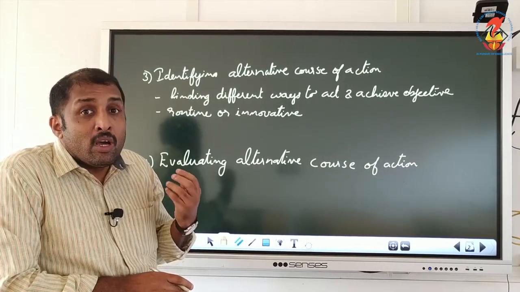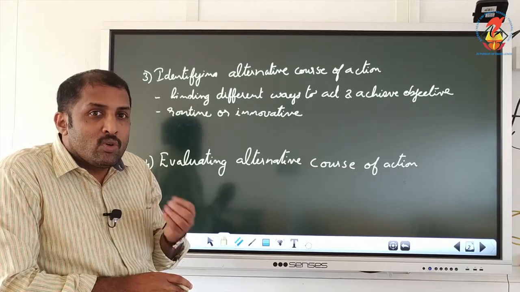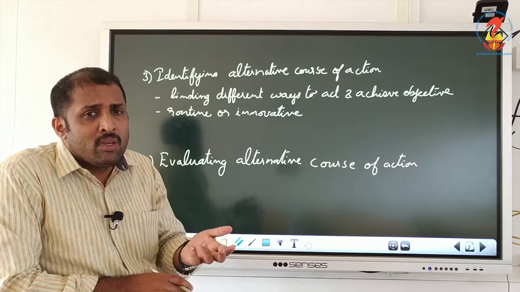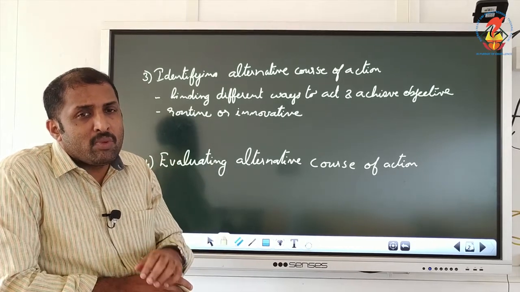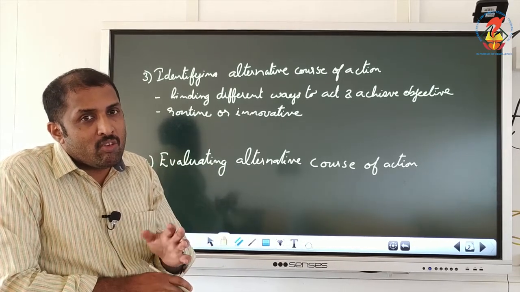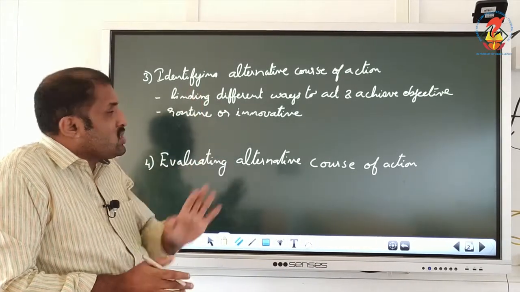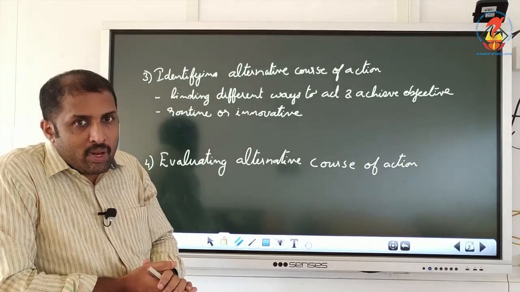And when a project is very important, it is good that you find out the maximum number of alternatives, the maximum number of ways it can be done. That will be beneficial for the organization. So that is the third step in the process of planning.